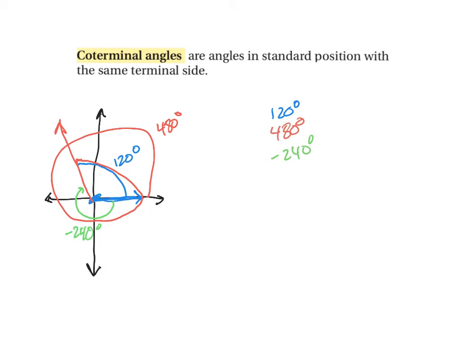The bottom line is if you want to find coterminal angles, you could just do some simple arithmetic. If I want to find an angle coterminal with 120 degrees, I can either add or subtract 360. To find the 480, I just did 120 plus 360, and I got a 480. To find the negative 240, I did 120 minus the 360.